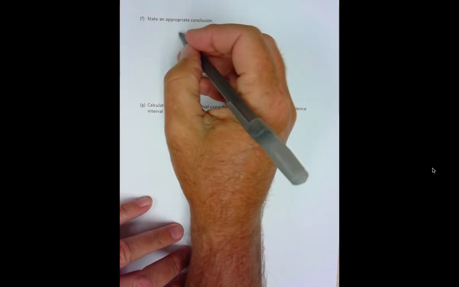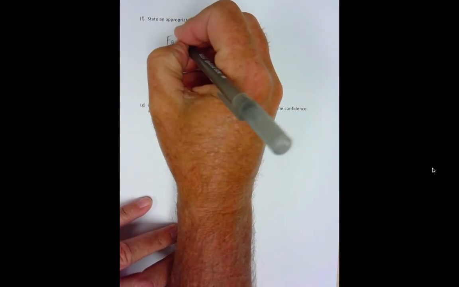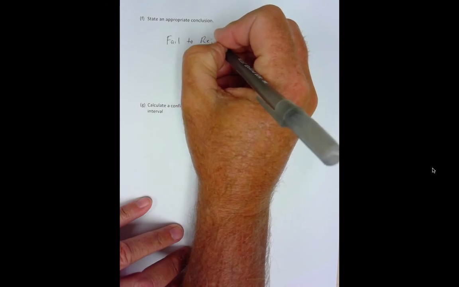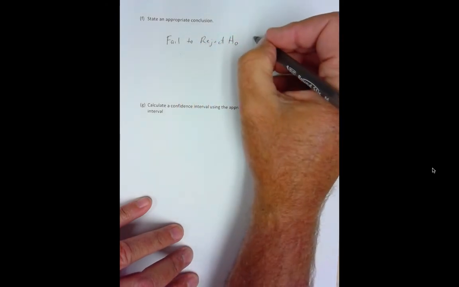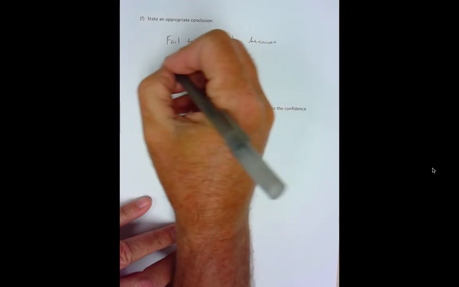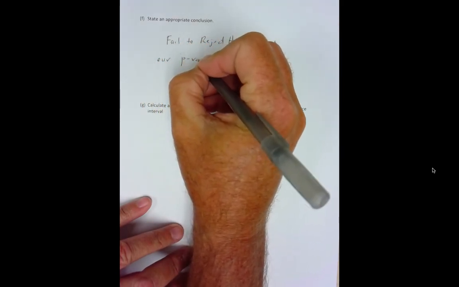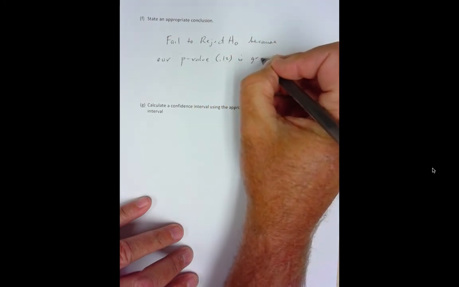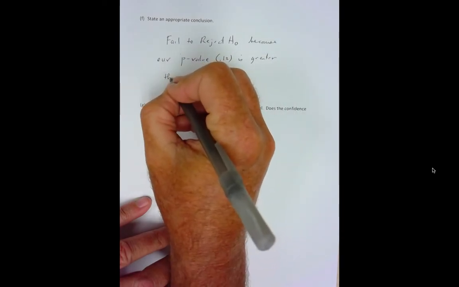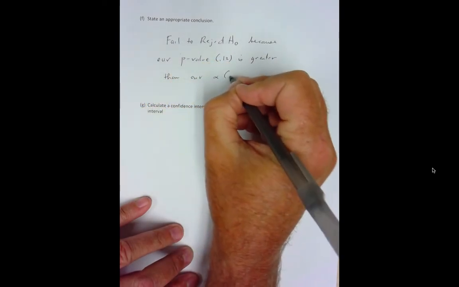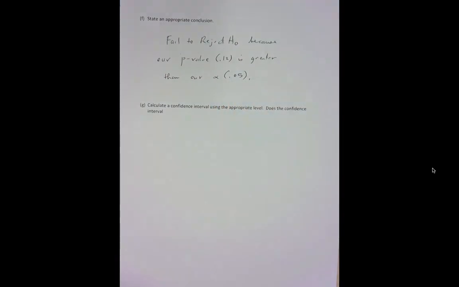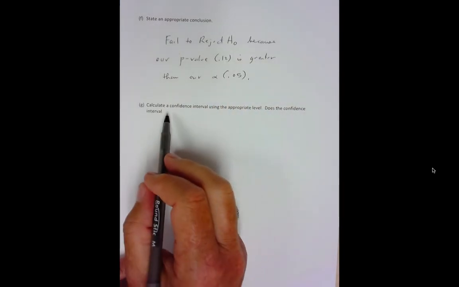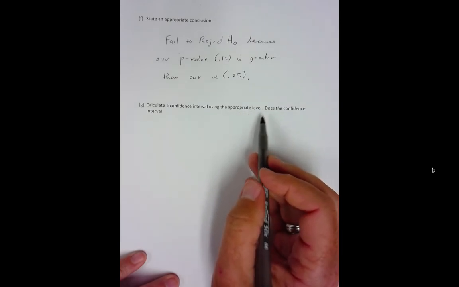All right, second page, just a few follow-up questions. State an appropriate conclusion. We've already done that. Calculate a confidence interval using the appropriate level. We did that.